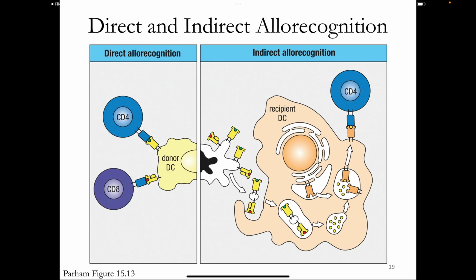And so this would be indirect allorecognition, this would be direct allorecognition. Are we directly recognizing that foreign MHC without it being degraded and processed, or are we recognizing it having been degraded and processed on our own self-MHC?